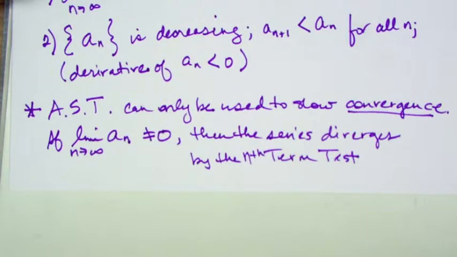It's the first requirement of it. Just like all the other ones we've done, we usually start with the nth term test. And if the nth term goes to 0, then I've got to do some more work, right? Well, in this particular case, when it goes to 0 and I see that it was alternating to begin with, my next step is just to make sure that those terms are decreasing, and then I'm good to go. Okay, so it all goes back to that nth term test being first.